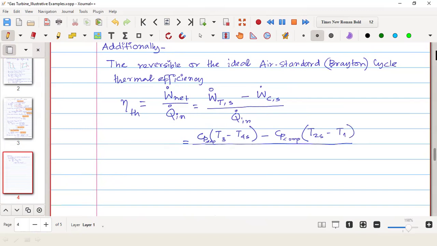And Q in is basically Cp for the combustion multiplied by T3 minus T2.